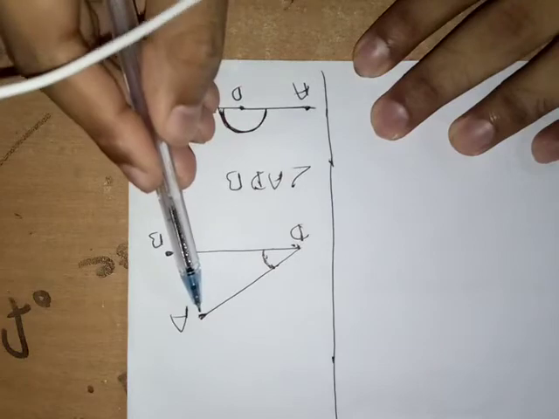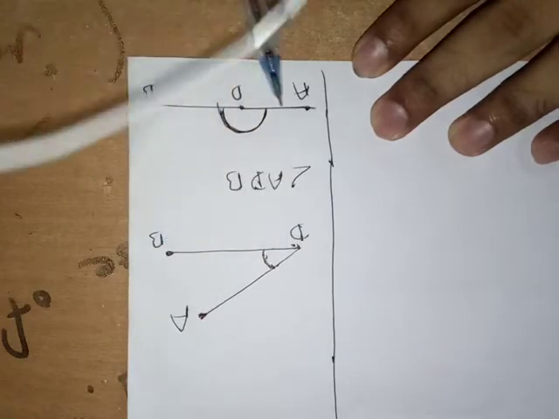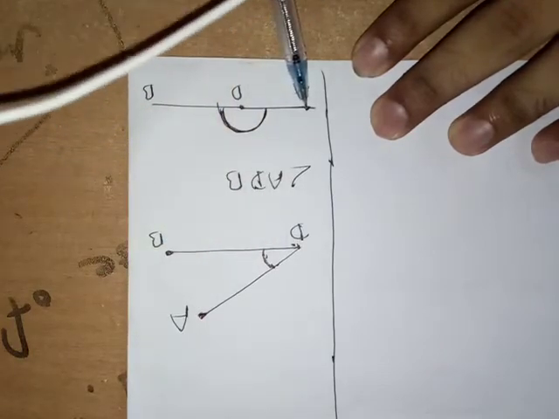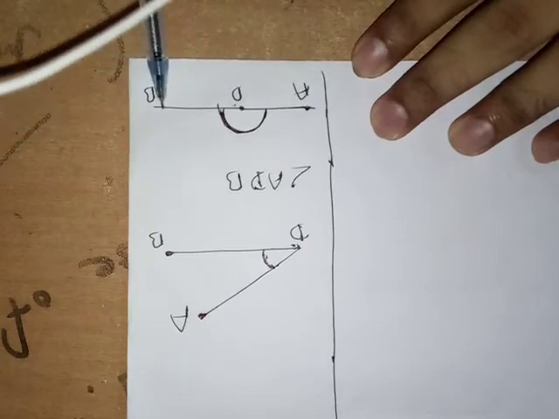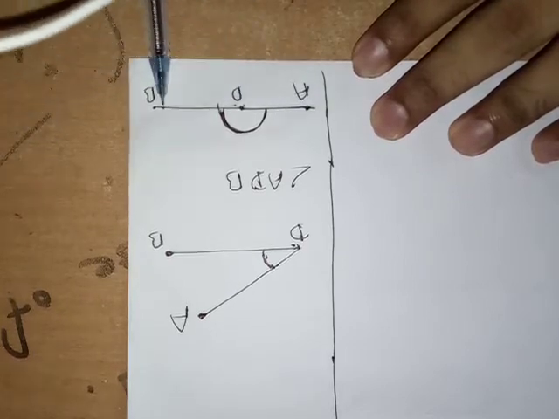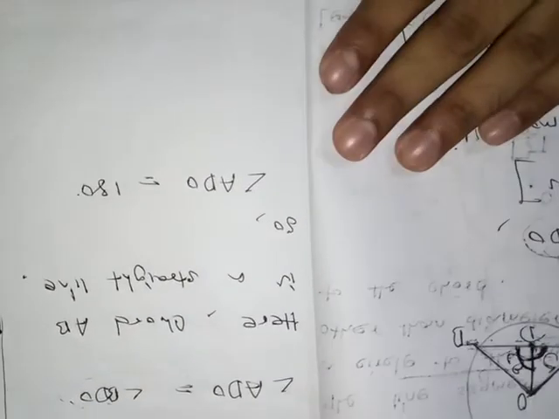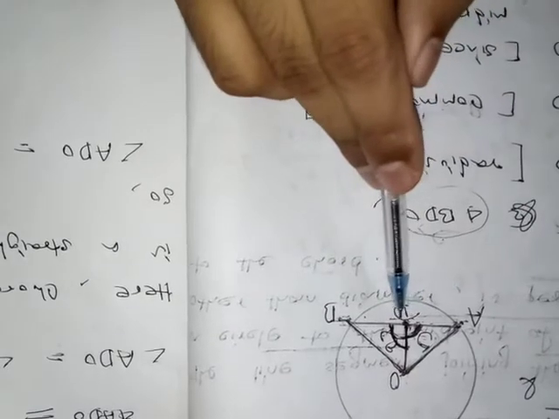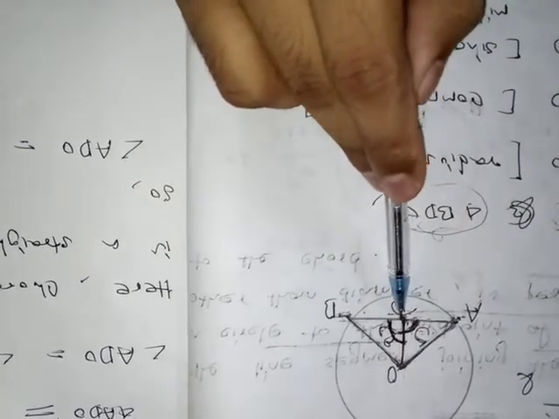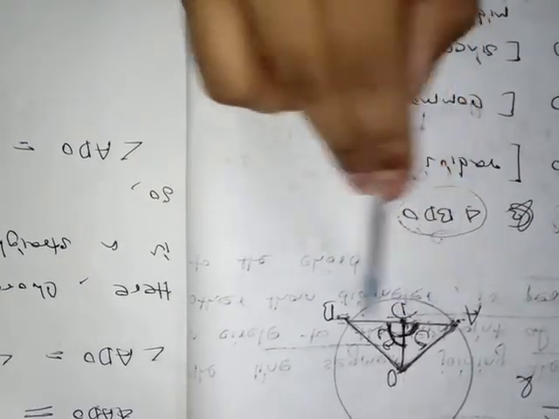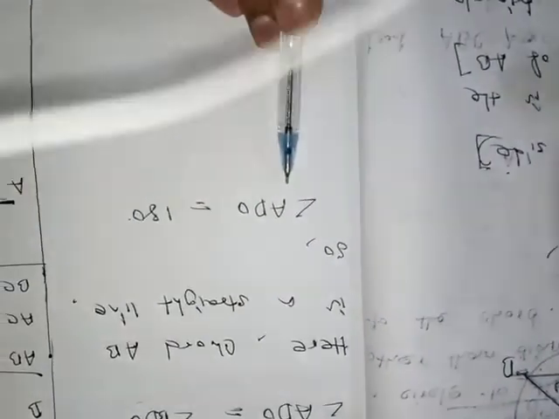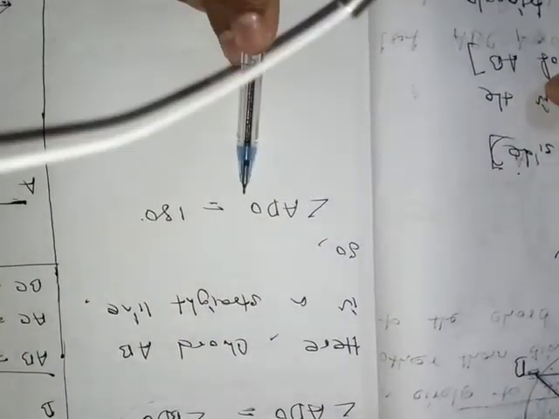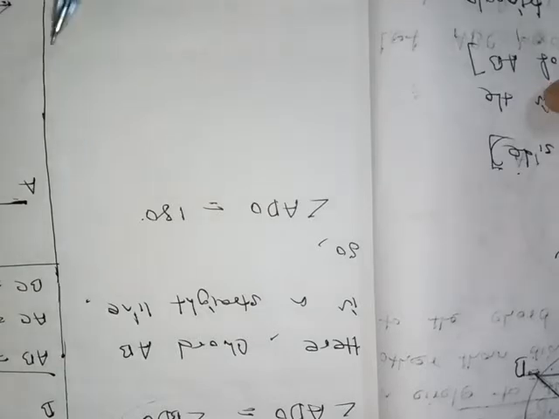Similarly, the way we write the angle ADB, the exact way we write this angle ADB. Hope you have understood. So on our chord AB, there is a point D. So we have an angle of 180 degrees at that point D on the straight line AB. I have written it in this way: angle ADB is equal to 180 degrees.